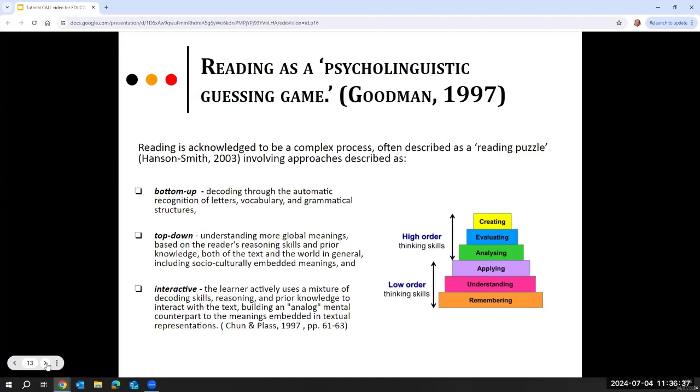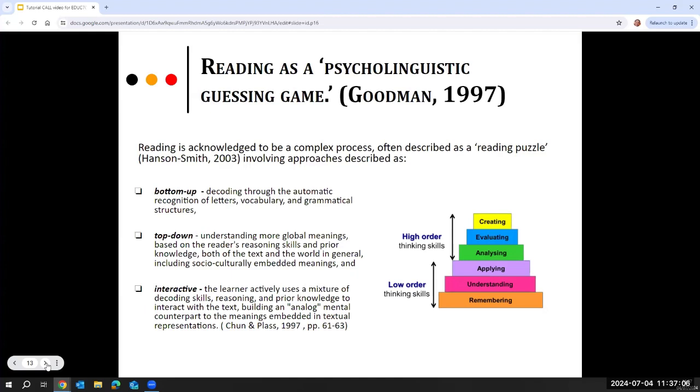So based on the reader's reasoning skills and prior knowledge, we can see whether the person who's receiving this message can understand what this message is about and what sociocultural context might be implicit.